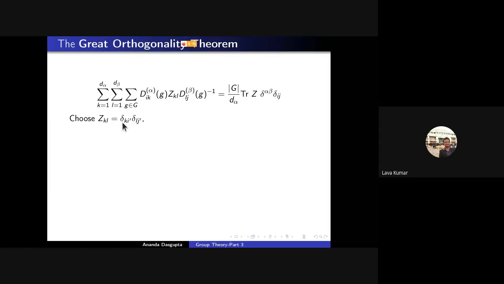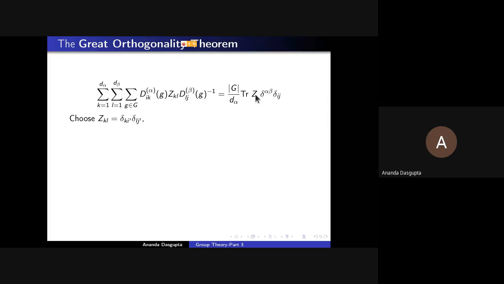When you sum over k, what's the result? You no longer have delta_k i prime after the summation, but in the rest of the expression, all the k's get replaced by i prime, right? And all the l's get replaced by j prime. So that's what happens to the left hand side.